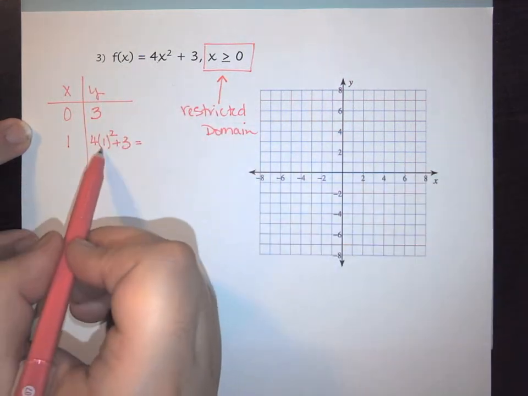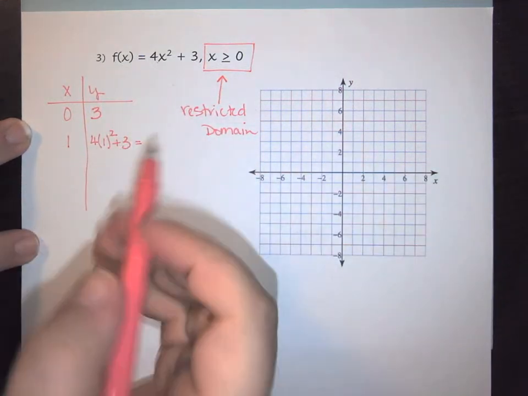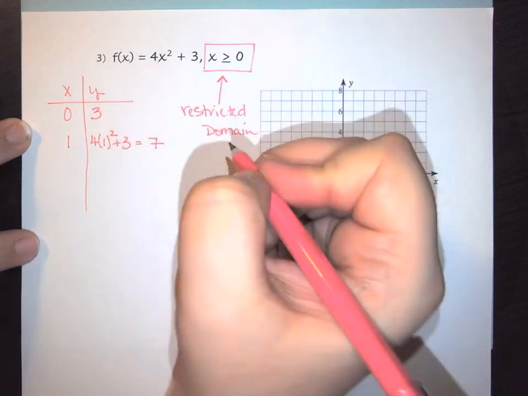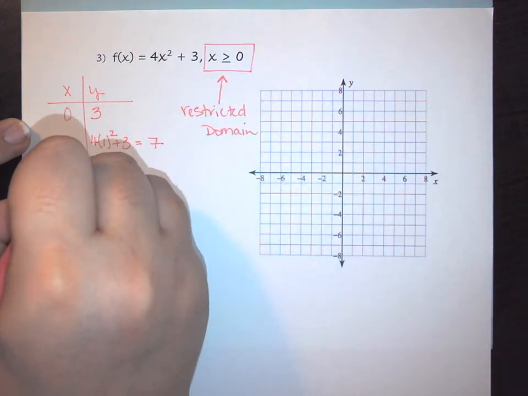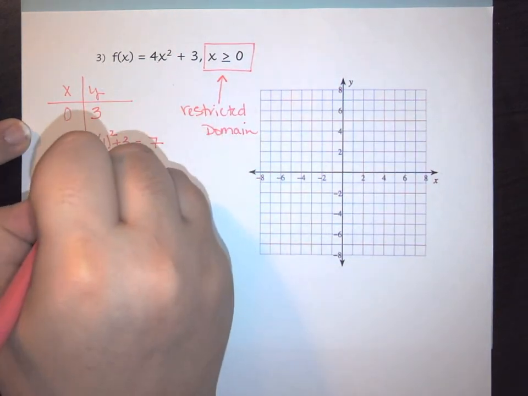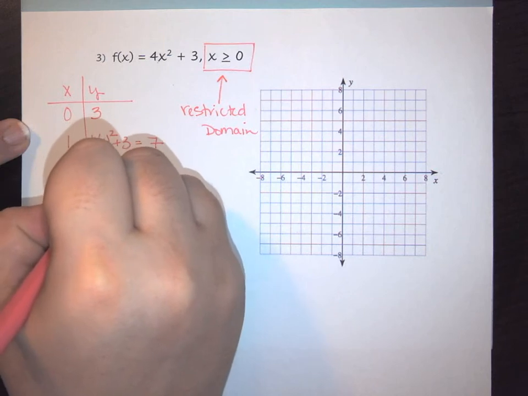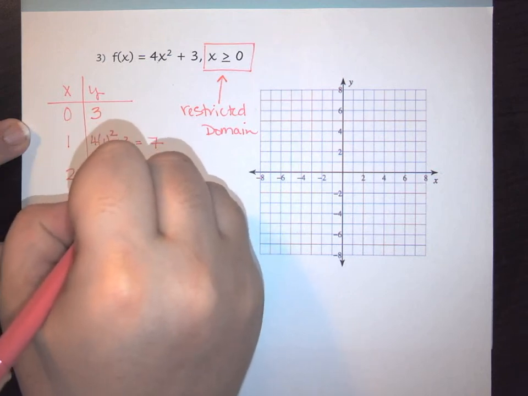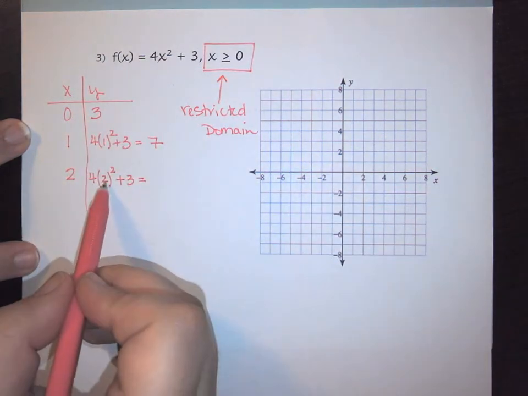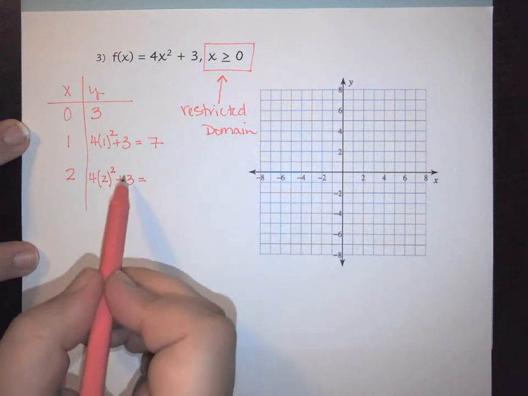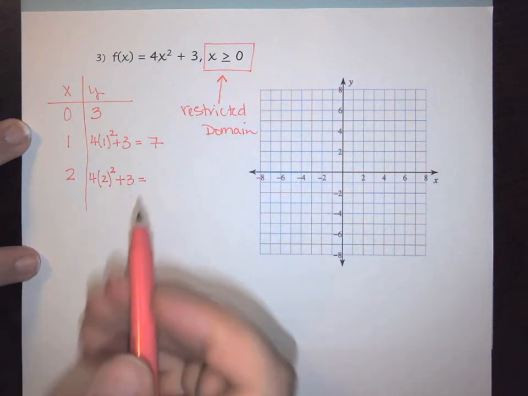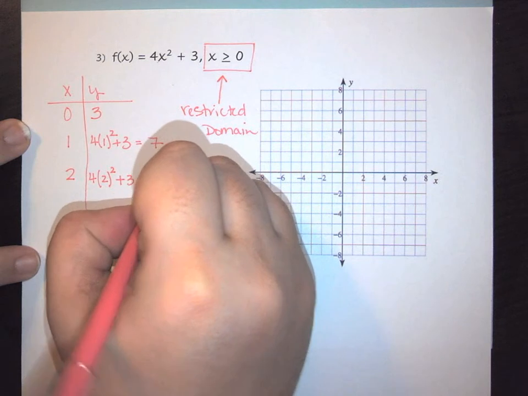So here 1 squared is 1 times 4 plus 3 is going to give you 7. And then maybe the point 2. So this would be 4 times 2 squared plus 3. 2 squared is 4 times 4 is 16. Plus 3 is going to give you 19.